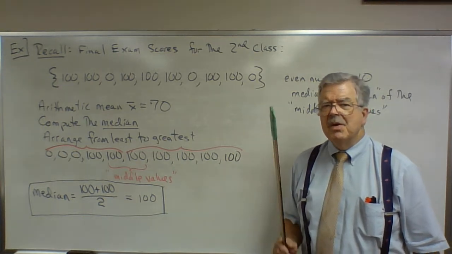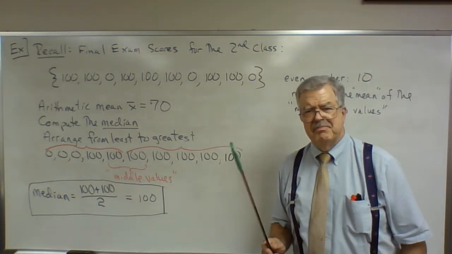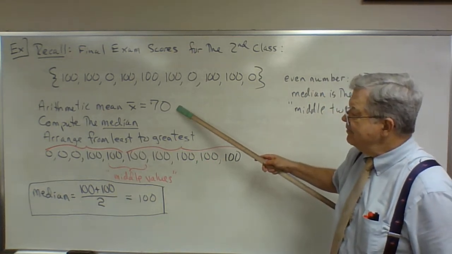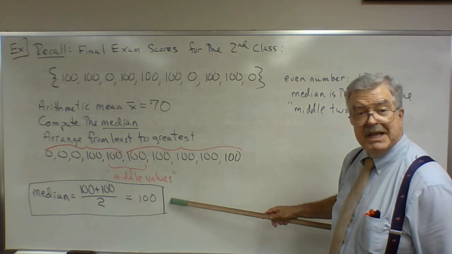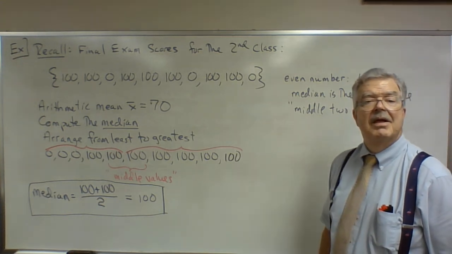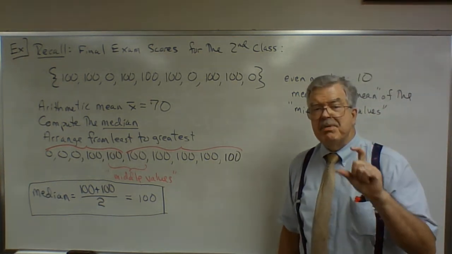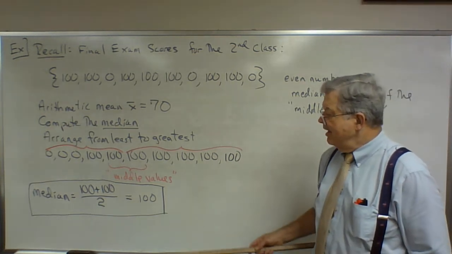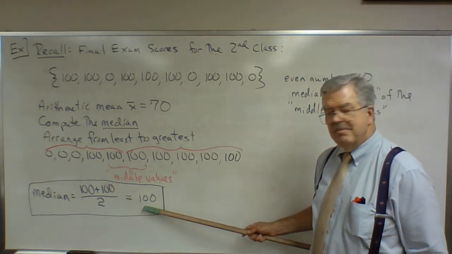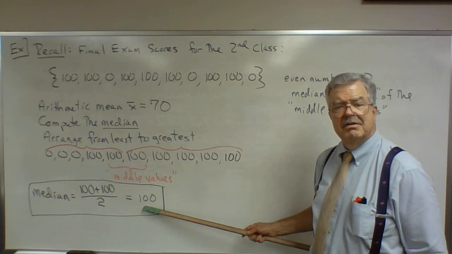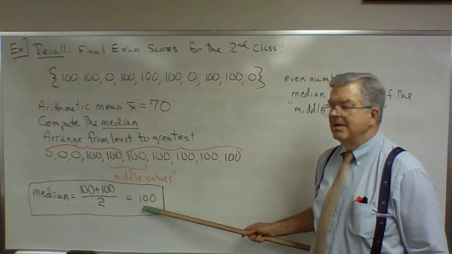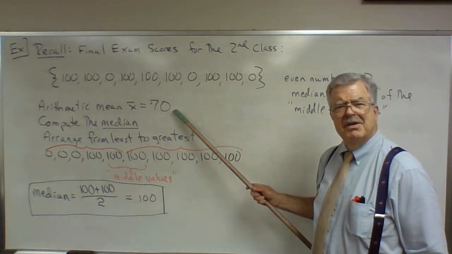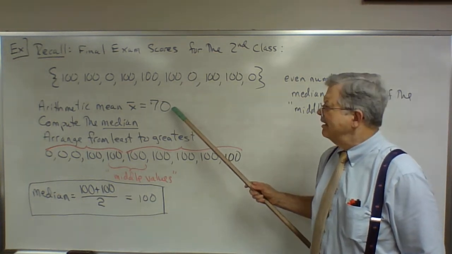But what would happen if we took the arithmetic mean and the median and used both of these to tell the story? The median says the middle grade is 100. And yet the arithmetic mean is a 70. Well, wait a minute.